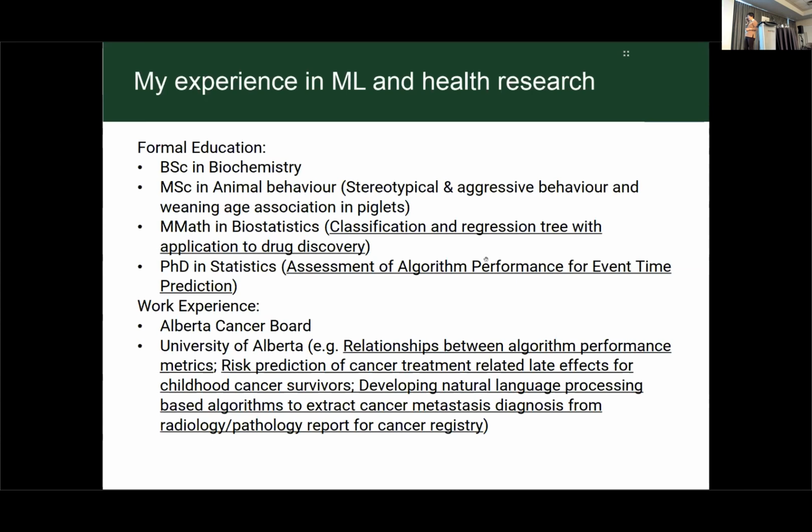In my work, I first started at the Alberta Cancer Board for a couple of years, and then I moved to Alberta. The three works I highlighted here are related to machine learning: the relationship between algorithm performance and risk metrics; the risk prediction of cancer treatment-related late effects for childhood cancer survivors; and the last one, developing a natural language processing based algorithm to extract cancer diagnosis from radiology and pathology reports for the cancer registry.